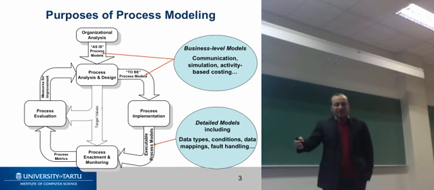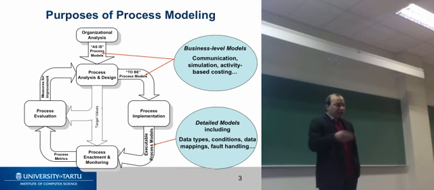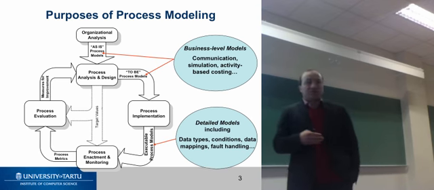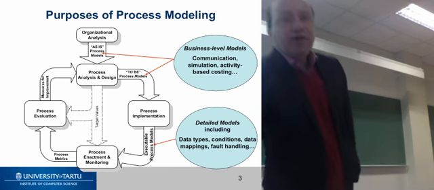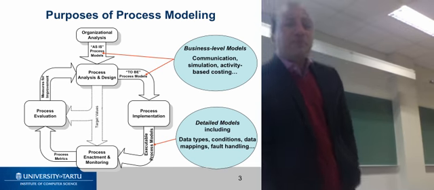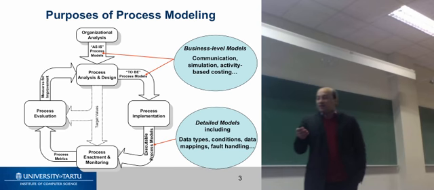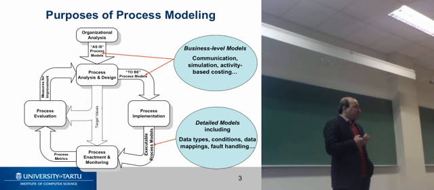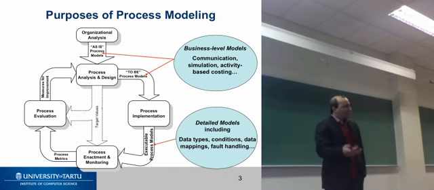Or if we take an existing process and make a change, we want to know which new requirements we need to impose on the information systems that are going to support it. Or, more ambitious than that, if we put enough detail in a business process model and deploy it into a tool called a business process management system, we can actually implement the information system that is going to support the business process based on the process model itself.